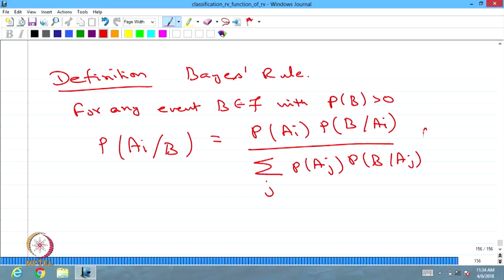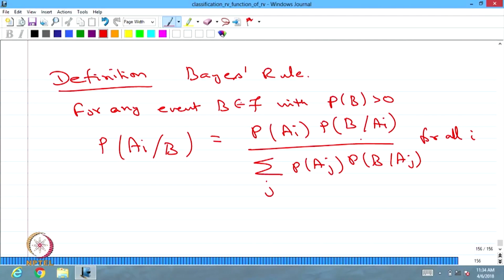This is valid for all i, because we have already defined the Ai's as the partition events of omega. So you can find the conditional probability of Ai given B, provided the probability of B is greater than 0. The numerator is the probability of Ai multiplied by the probability of B given Ai, whereas the denominator is all possible values of the same thing as in the numerator.